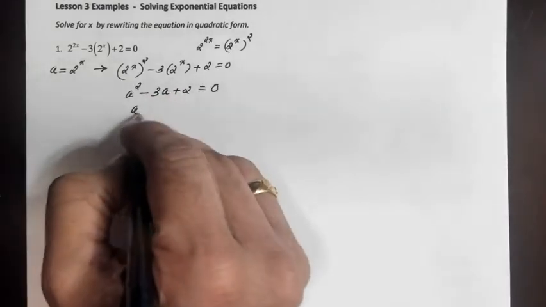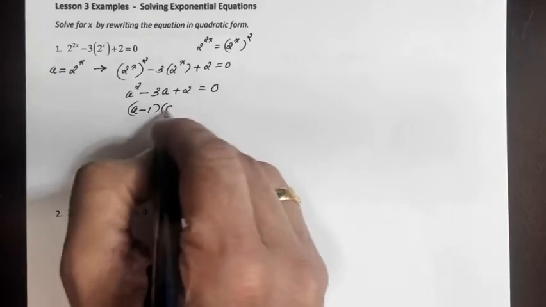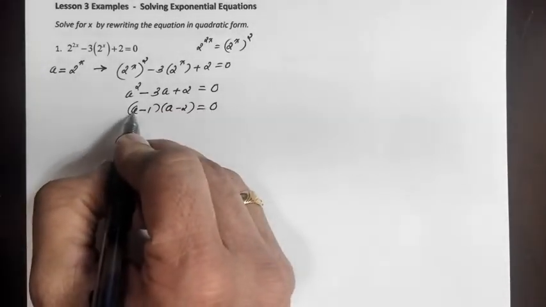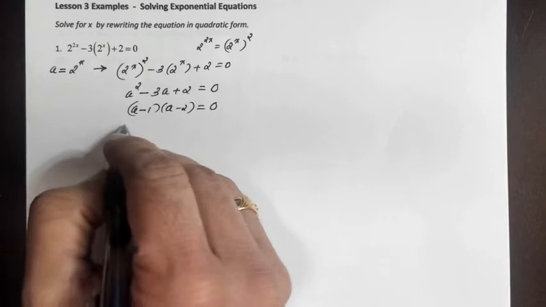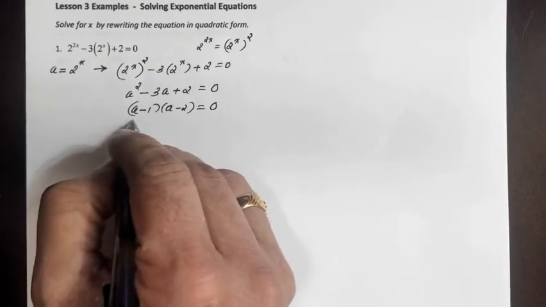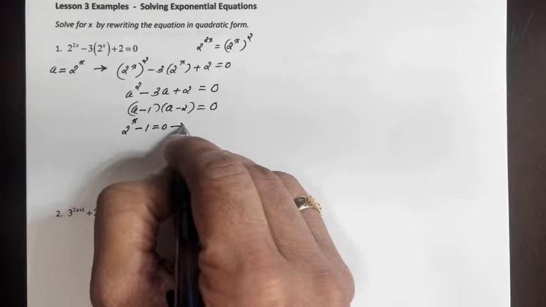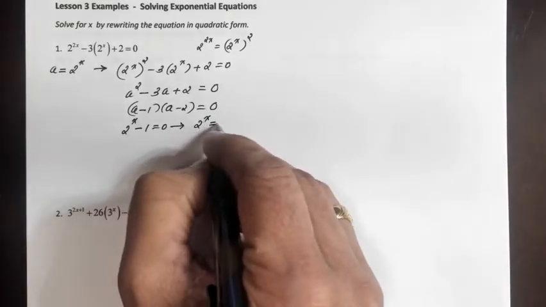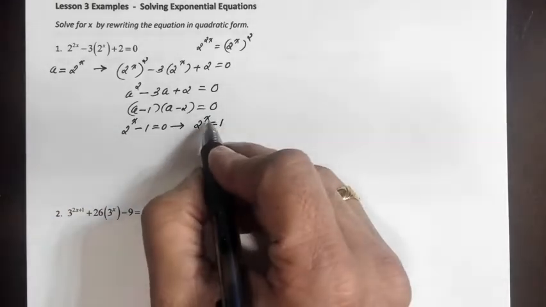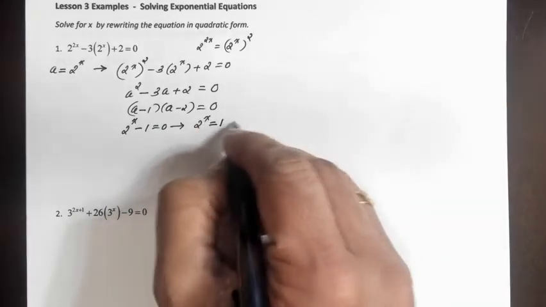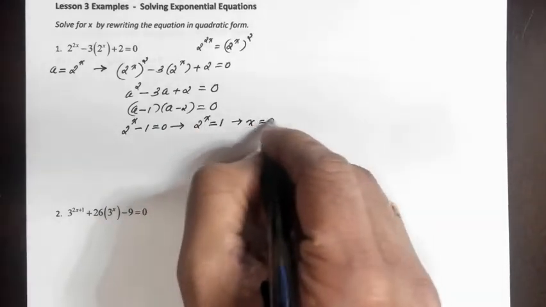Okay. We can say a minus 1 multiplied by a minus 2 is equal to 0. But a minus 1 is actually 2 to the power of x minus 1 is equal to 0, or that means 2 to the power of x is equal to 1. To get a 1, the x has to be 0, so that implies x is equal to 0.